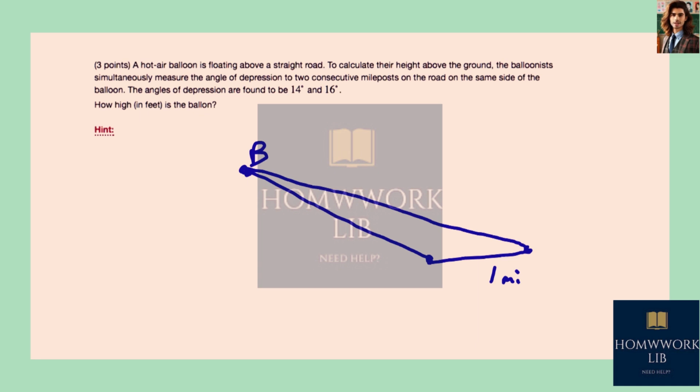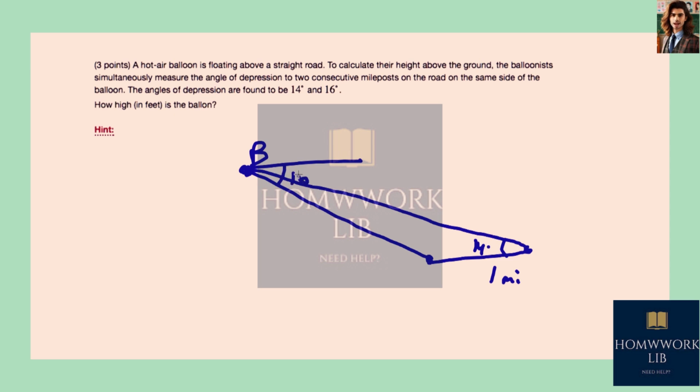Now, angle of depression is from the horizontal looking out, so we've got 14 degrees and 16 degrees. The angle of depression of 14 degrees would be the same as this angle inside of the triangle by alternate interior angles.